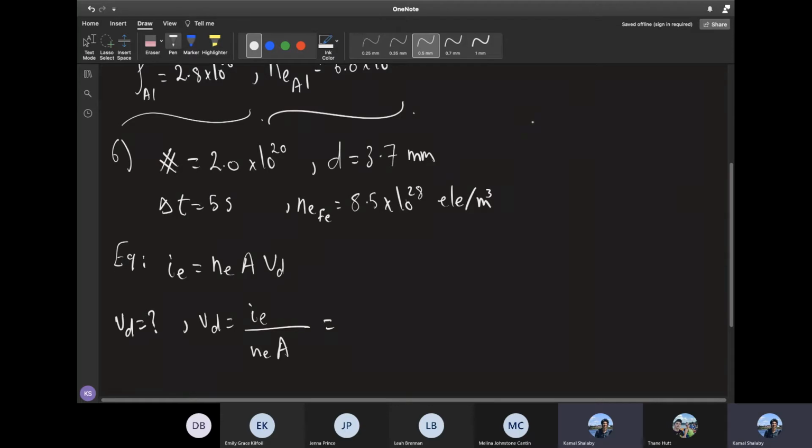Okay, first of all, what are the units of an electron current? Does anyone know? Are we using amps? Yes, and what are amps equal to?